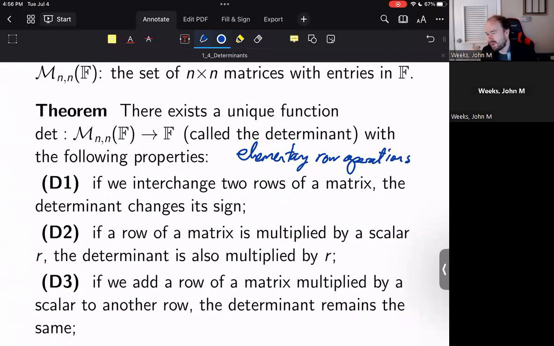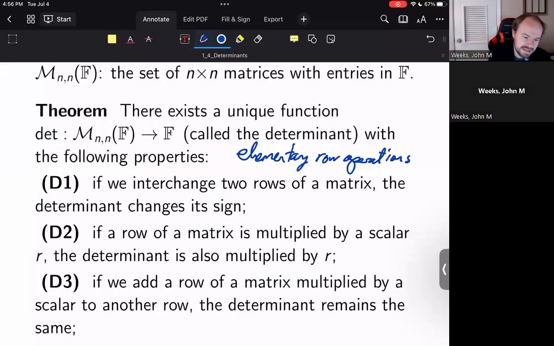If we keep track of what these things are, we can calculate the determinant this way. Here's how it works. The first one, if you interchange 2 rows of a matrix, then the determinant changes its sign. Think of it like you're doing a transposition. You're flipping the sign of the determinant, because what you're doing is a transposition of the matrix. You're flipping 2 rows, 2 elements for this matrix here.